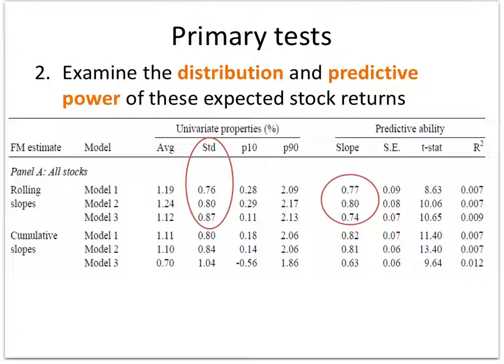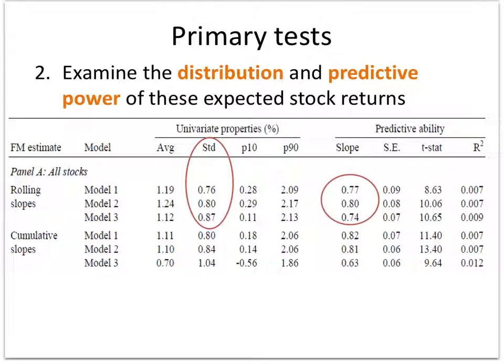In terms of the distribution, we focus more on the standard deviation, which suggests the dispersion of the estimates. So from the table, you can see all those models suggest considerable cross-sectional variation in expected returns, which has a pretty high standard deviation.